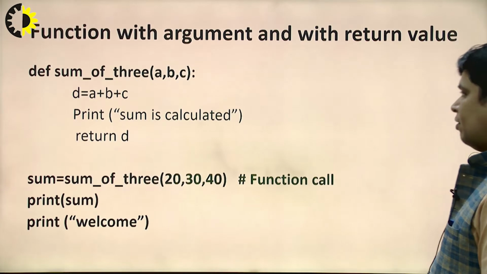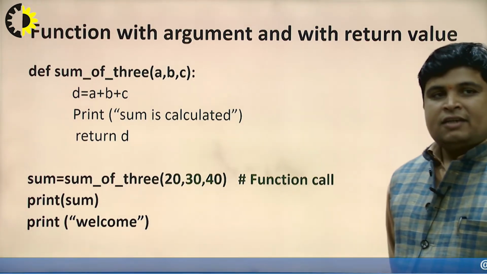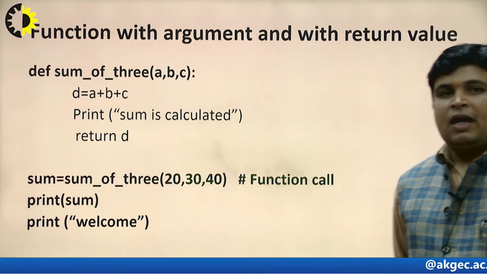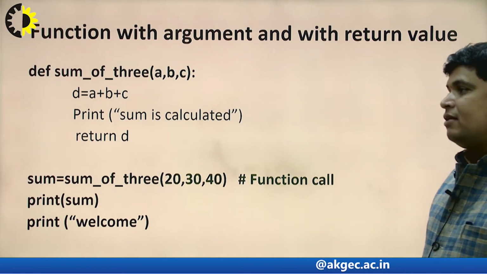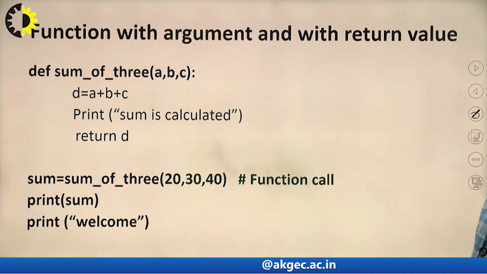Now the first category is function with argument and with return value. How can we recognize that this function has an argument and a return statement? You can find that this function has arguments, and second, the function has a return statement.